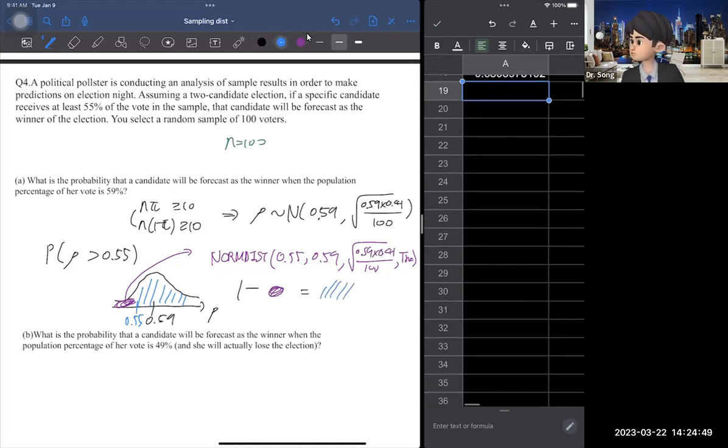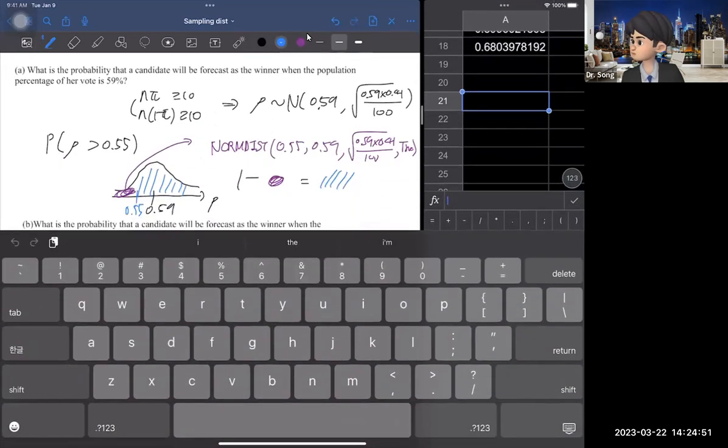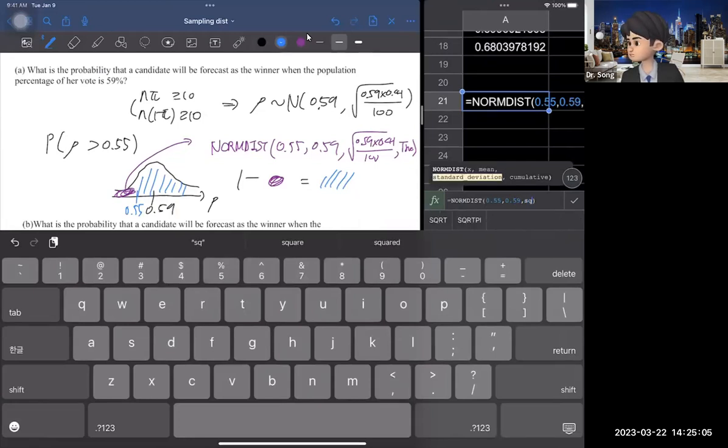Okay, so let me find the purple one first. So NORM.DIST, x equals 0.55, mean is 0.59, standard deviation is square root, SQRT, 0.59 times 0.41 divided by 102.